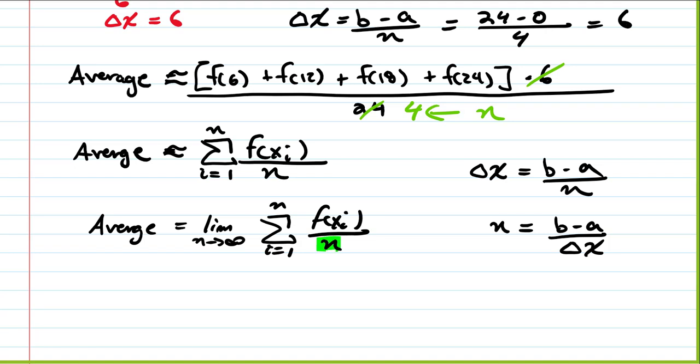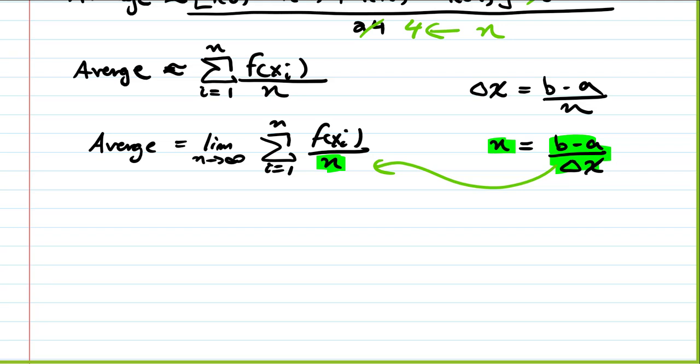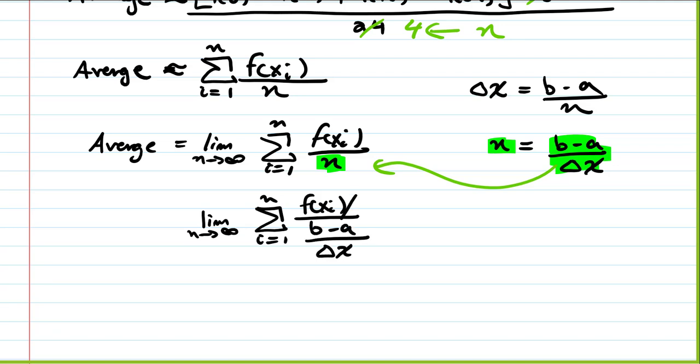If we substitute this into our equation here, we get the following: the limit as n goes to infinity of the sum as i goes from 1 to n, and I'm going to write it out this way, f of x sub i all over (b minus a) all over delta x.